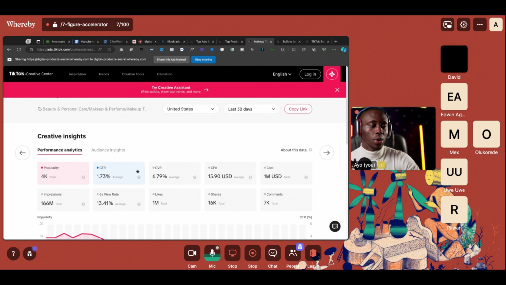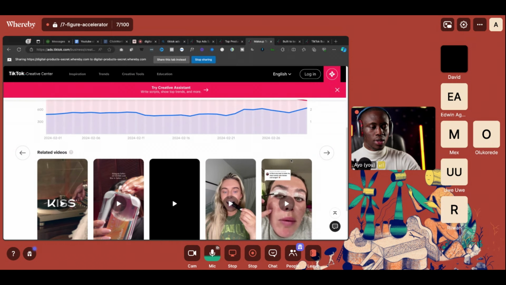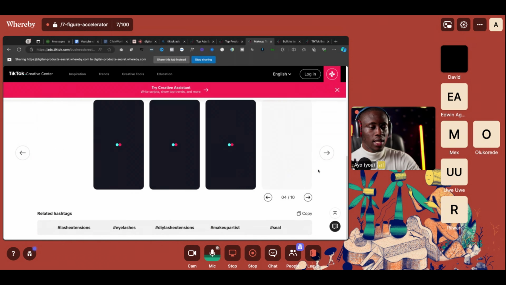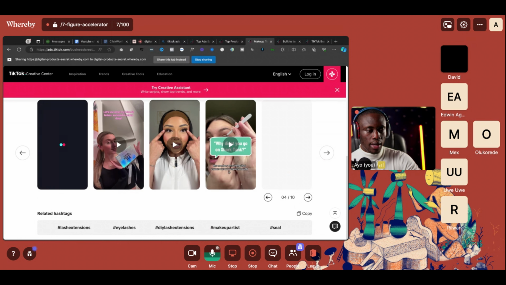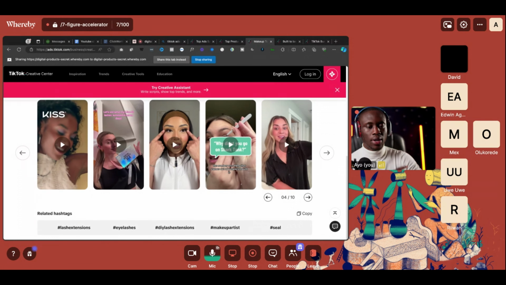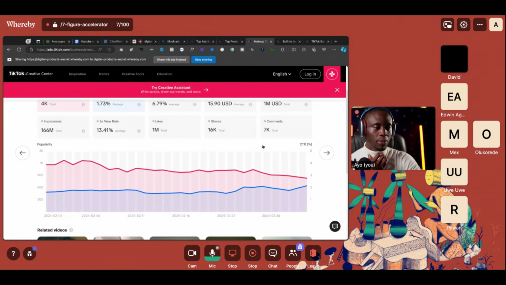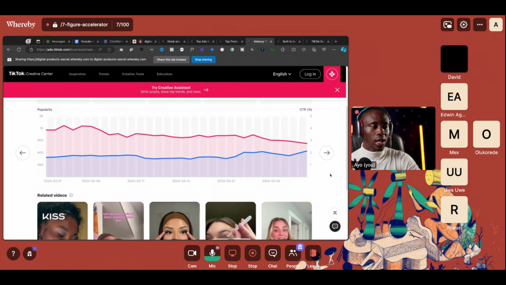So depending on your end goal, I'll still try my best to see if I can bring on someone who is an ad expert so they can give you a lot more detailed insights than what I'm talking about. But right now, I'm just trying to share with you the creatives that the brands existing in this space are spending money on, what it looks like, and how much it is costing them on average to get the views that they want, right?